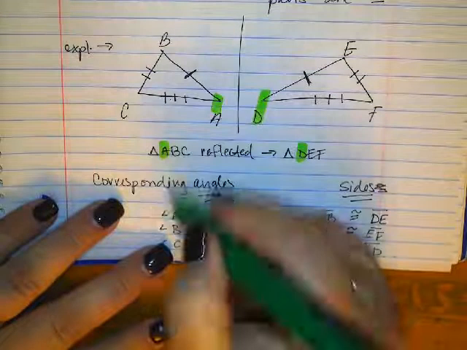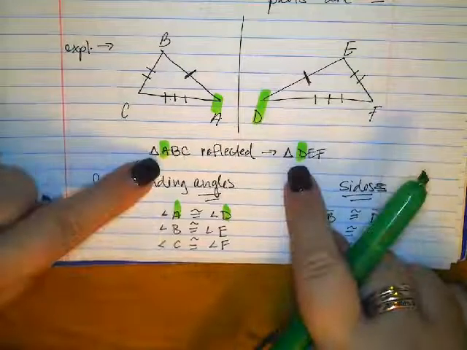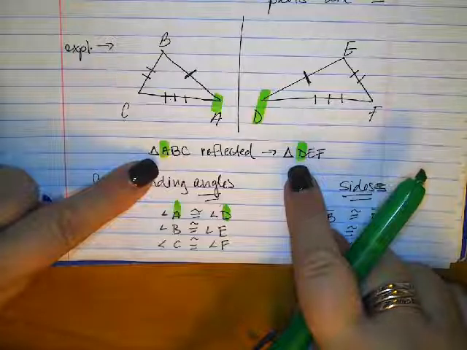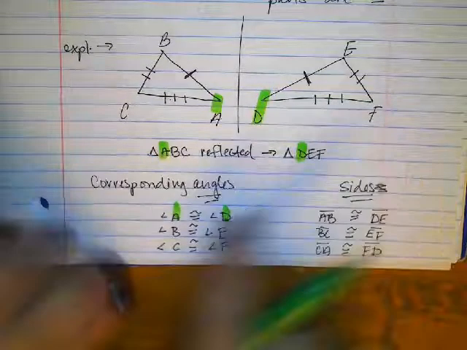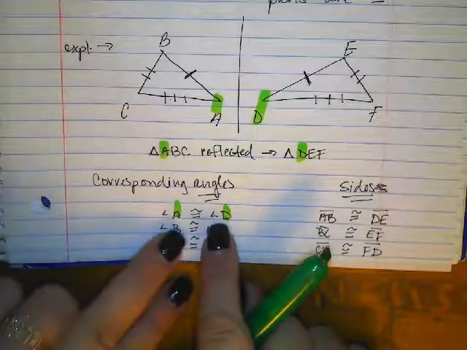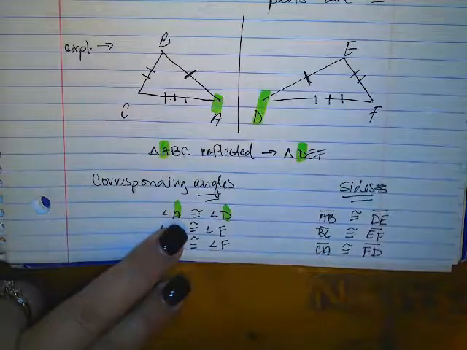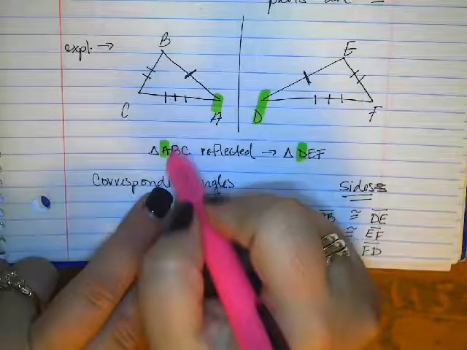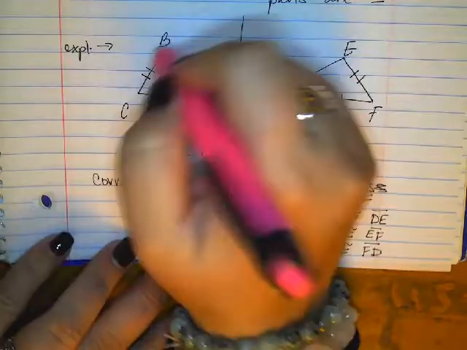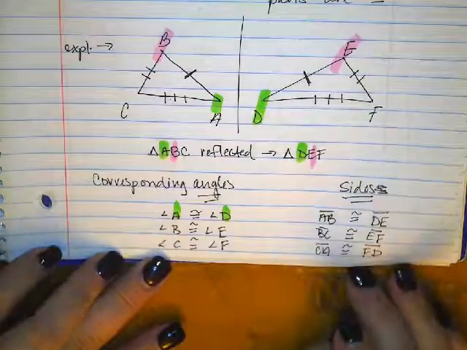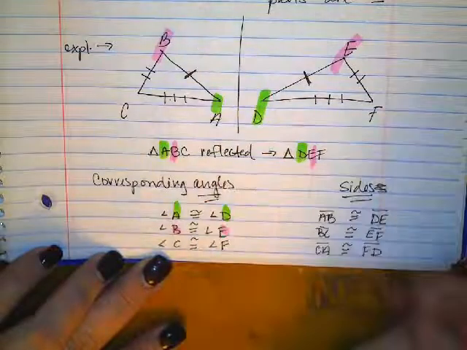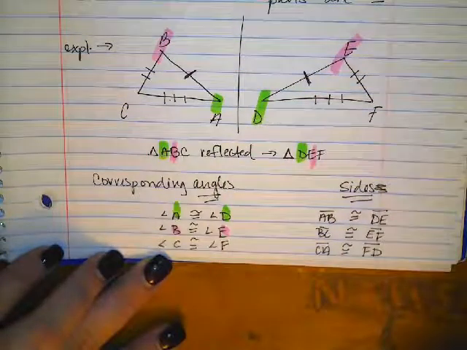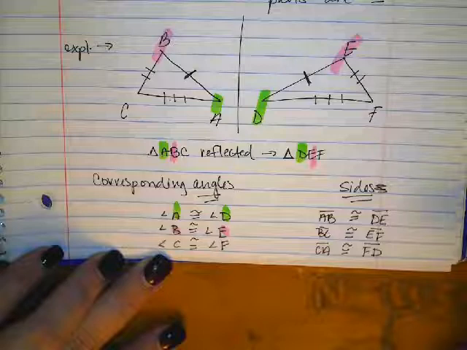You can see that angle A and angle D are in those first positions, so they are corresponding or matching. We can see that down here as well. A and D match. The second positions are B and E, so B and E would go together. And the third and final is the C and the F. Those would match together as well.